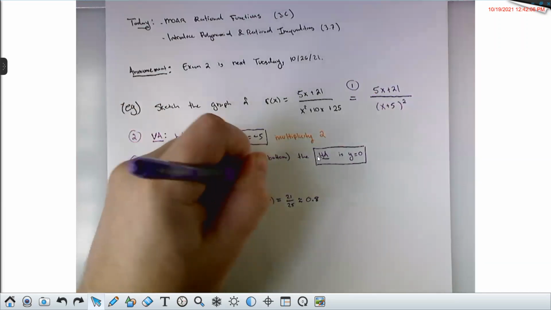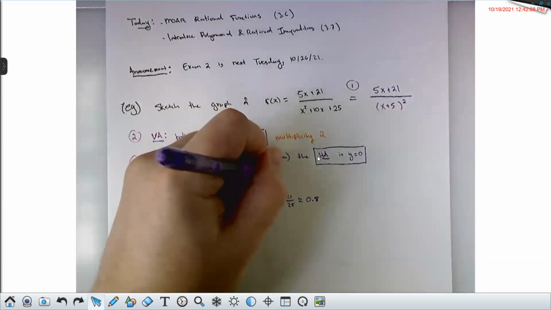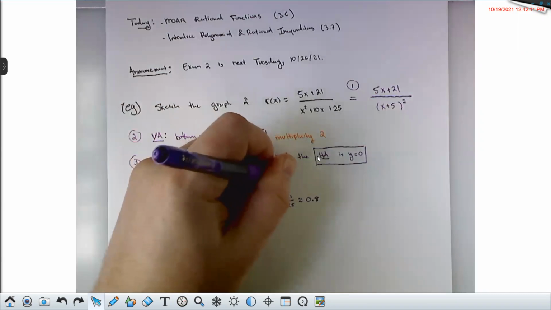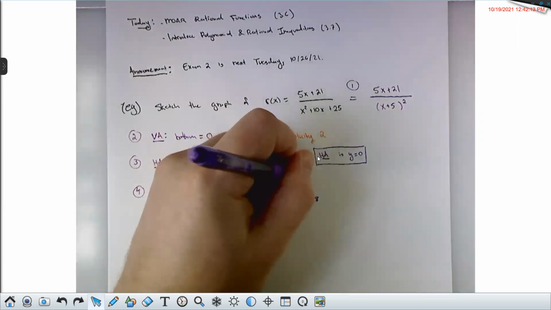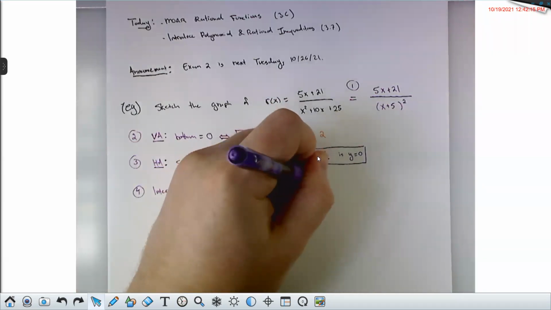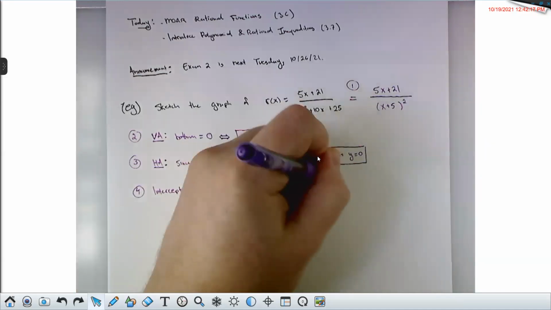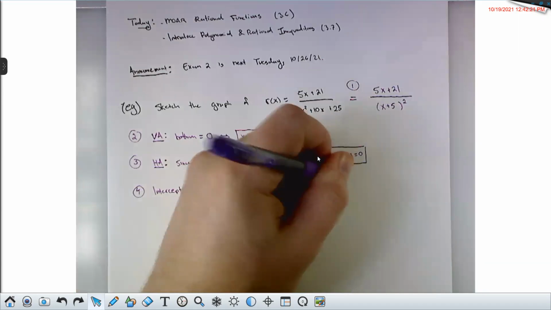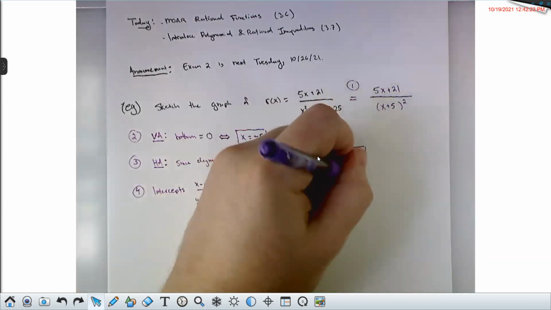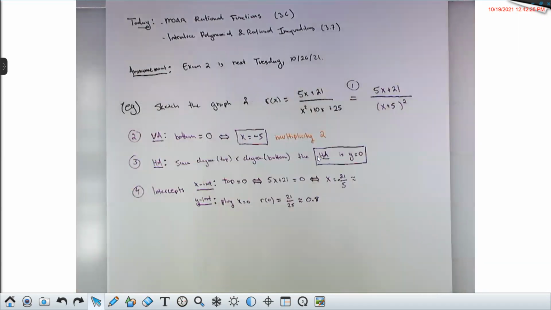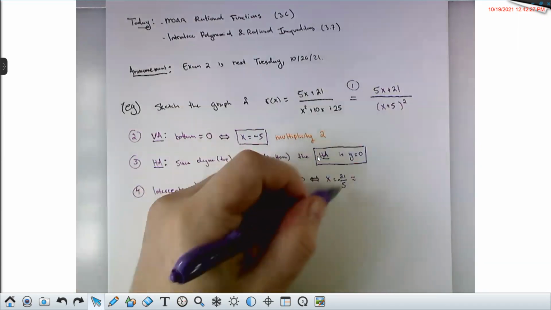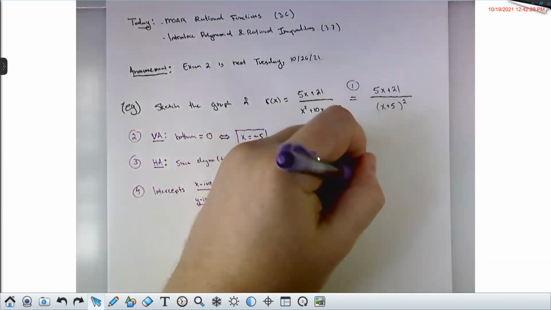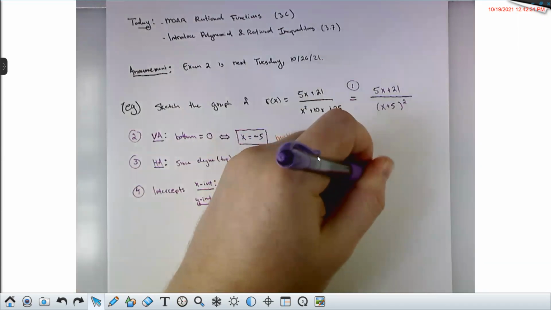Here that means 5x plus 21 is equal to 0. And that means that x would have to be negative 21 over 5, negative 21 over 5. And this is a little bit bigger than 4, right? This would be like negative 4.2.